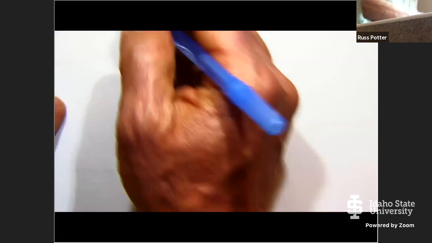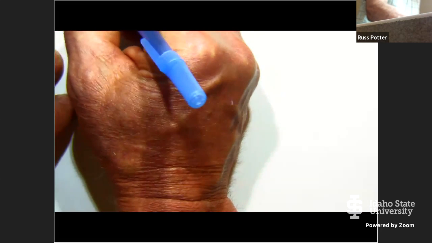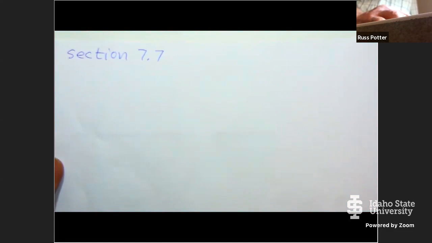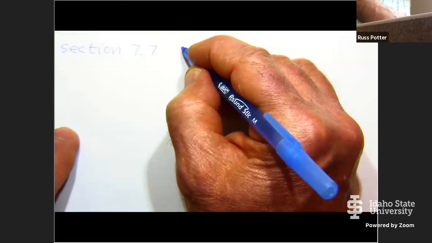Okay, there's 3 or 4 minutes left. Tomorrow in section 7.7, we're going to start talking about approximate integration.